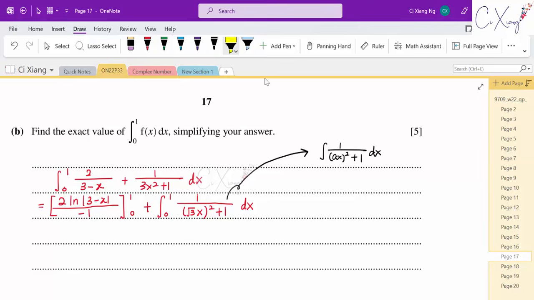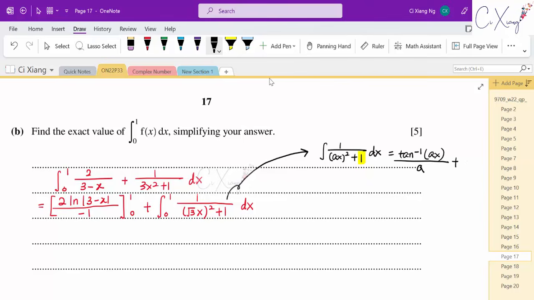If you're having your expression in this part, there must be a 1 here, then you can replace it to become the ax squared pattern. Then your answer for the integration should be tangent inverse ax divided by a.